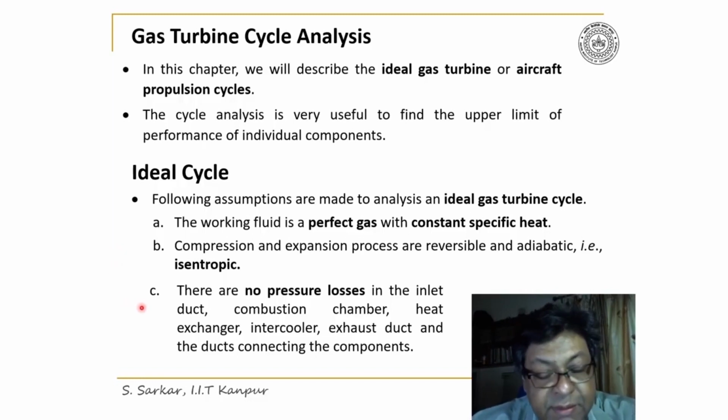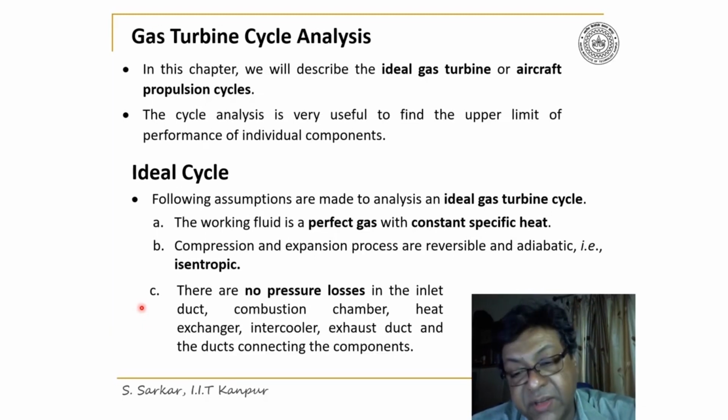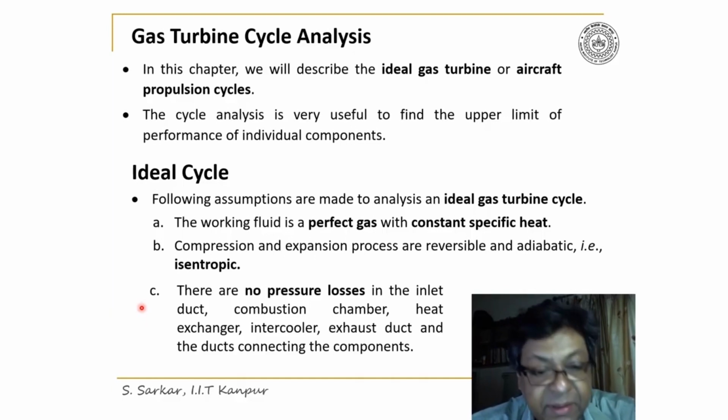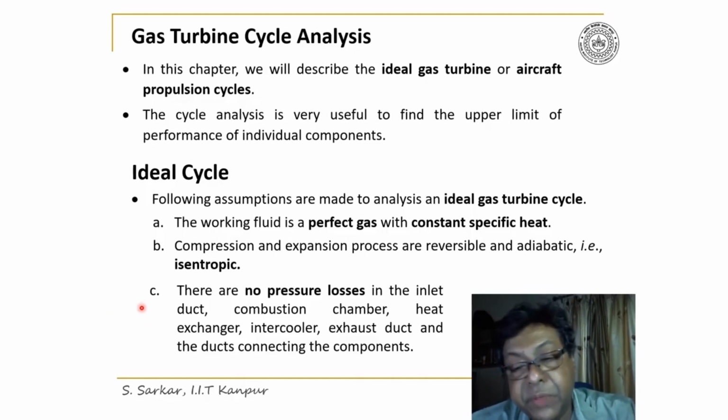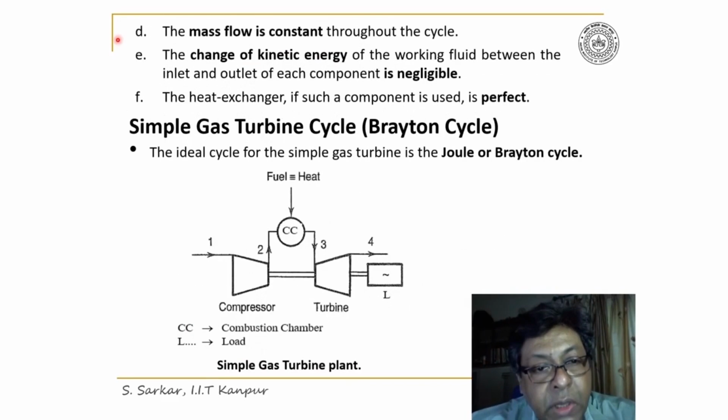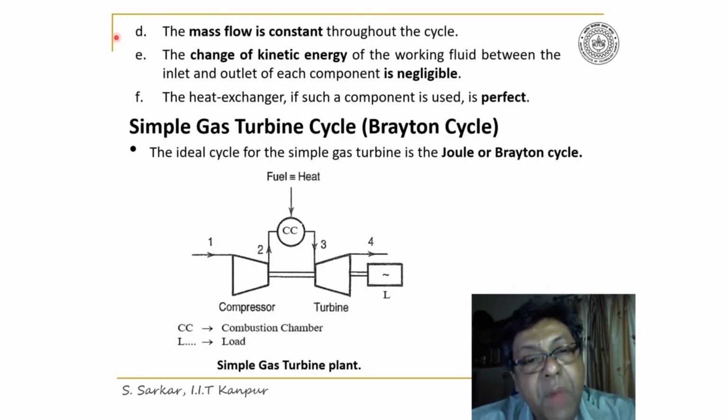Further, there are no pressure losses in the inlet duct, combustion chamber, heat exchanger, intercooler, exhaust duct, and the ducts connecting the components. Further, the mass flow is assumed constant throughout the cycle.